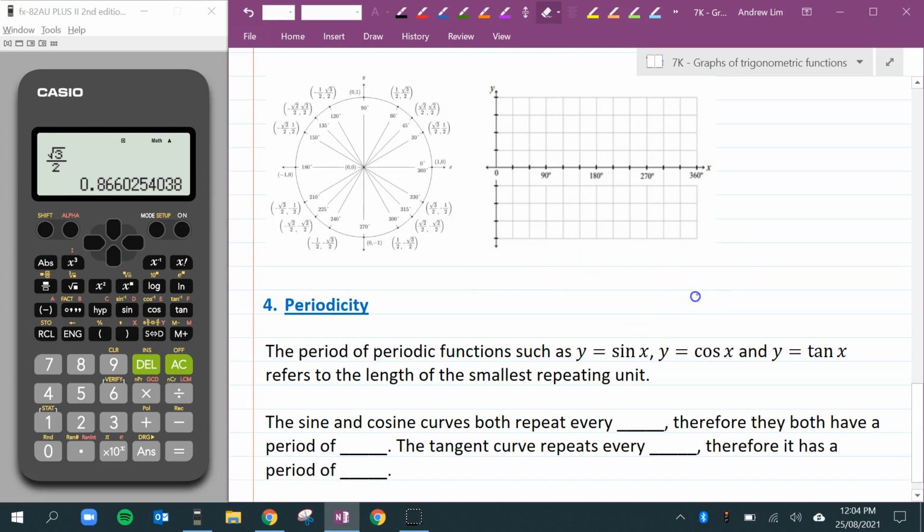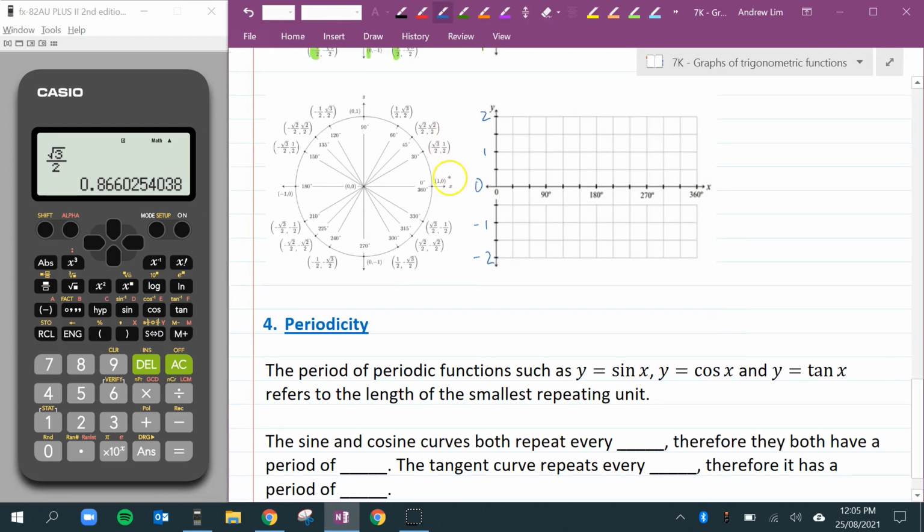Now, the tan curve is a little bit different, so I'm just going to label this: 1 over here, 0, and we can have 2 here and negative 2 here. If we wanted to work out tan of 0 degrees, tan of 0 is just going to be 0 over 1, which is 0.